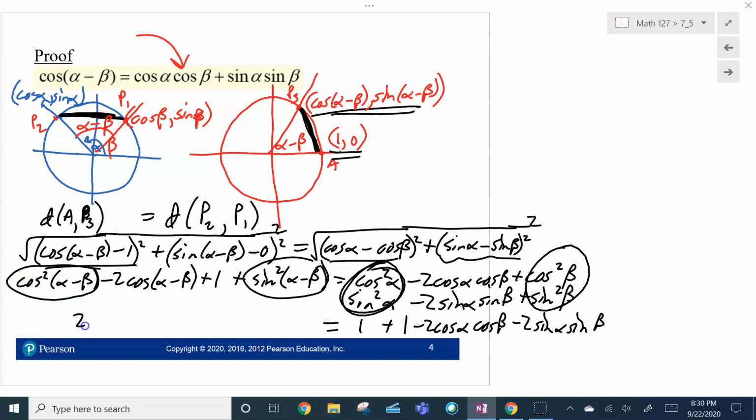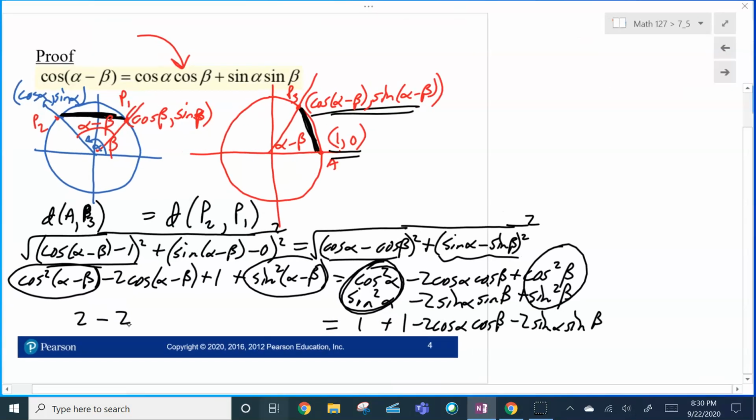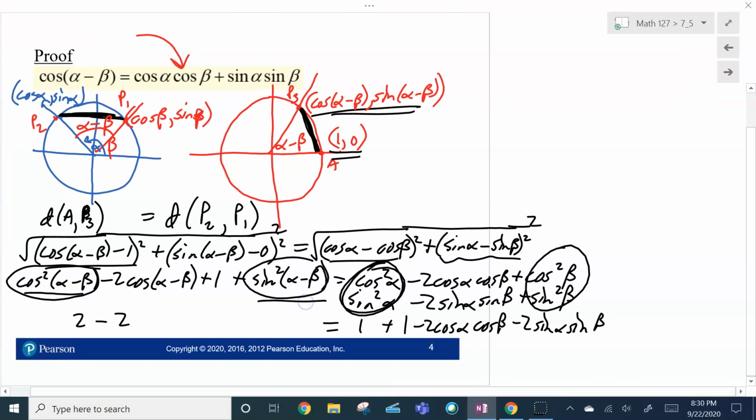So that's 1, and notice I have that plus the 1. I got 2 minus 2 cosine alpha minus beta. Now notice also that the 2's cancel, so that cancels those. And so we have negative 2. Let me bring this up here.